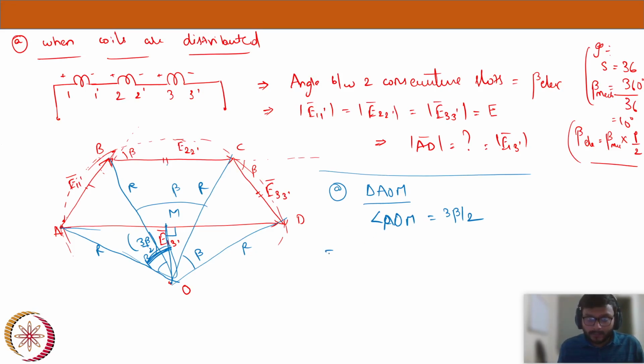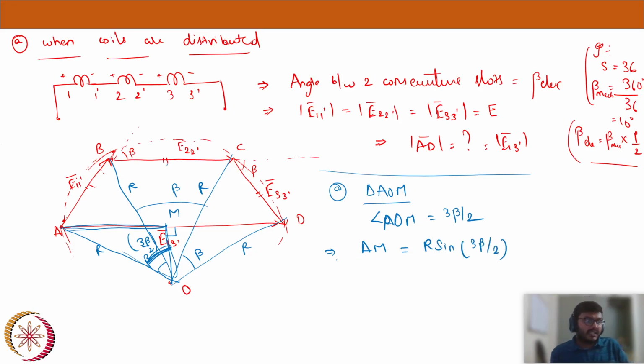Now can someone tell me what is the magnitude of AM here? AM is this part. In this triangle, we know this angle and we know the hypotenuse, that is radius. Now we have to find the opposite side. So based on the trigonometric relation, AM is nothing but R sine 3 beta by 2.